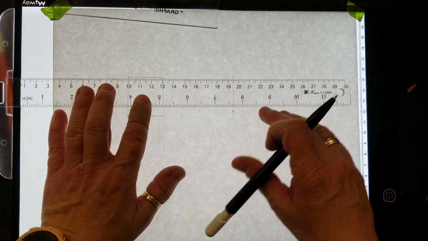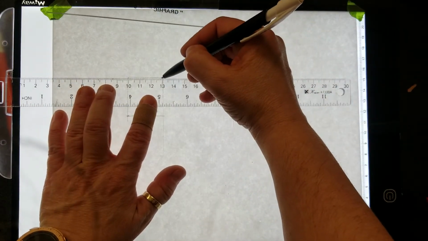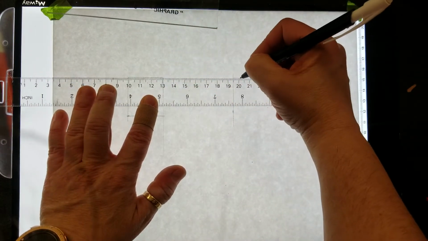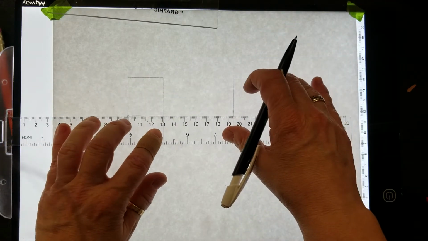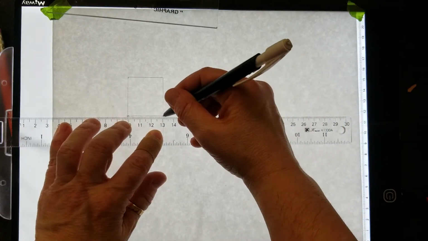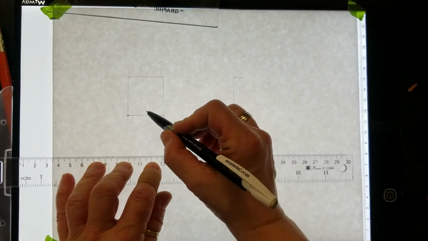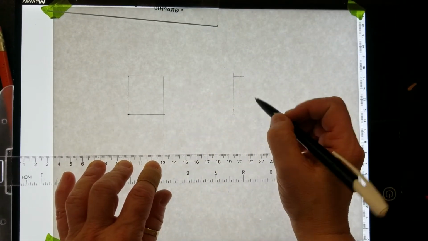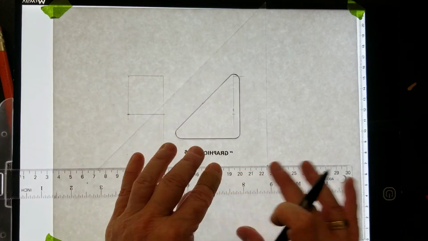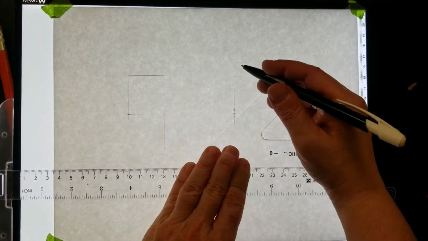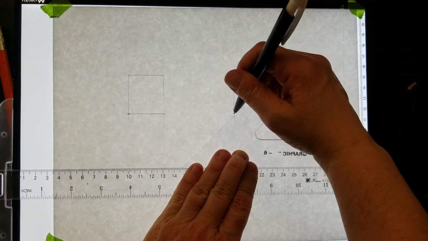But that's me. Now notice how I'm carrying my lines across from my front view, so I don't have to rebuild. Do you see that? Do not remeasure things. As long as you did this correctly, this will come out correctly. Then all you do is use your triangle, a 45 triangle specifically.